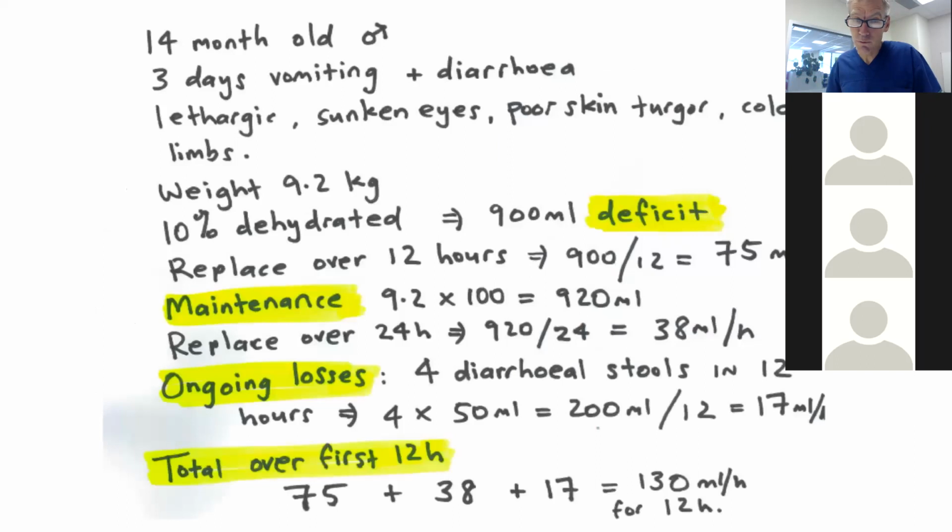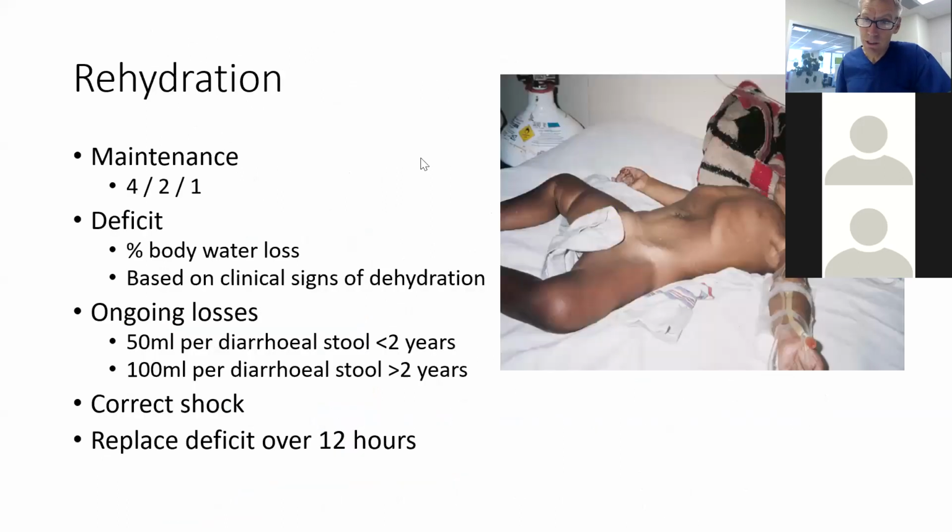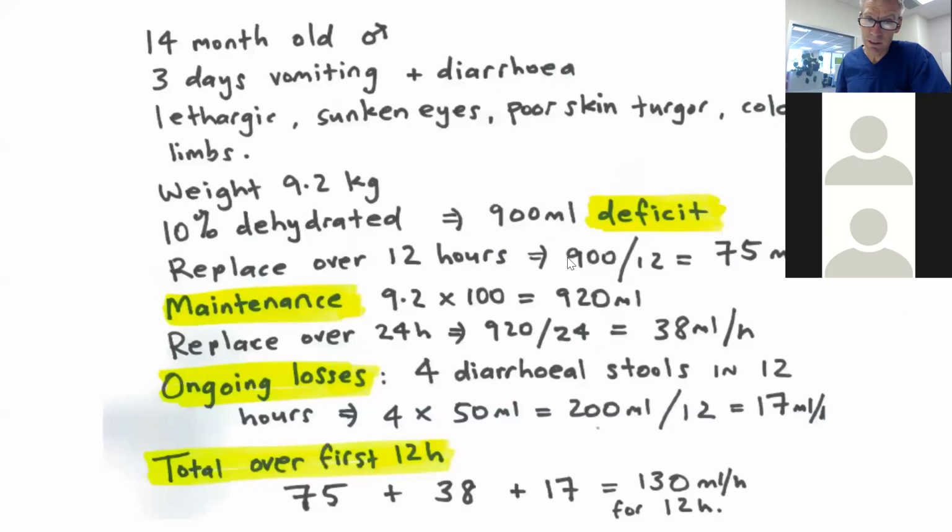So, for example, this 14-month-old child had 3 days of vomiting and diarrhea. Presented, as I showed you before, with lethargy and sunken eyes and poor skin turgor and cold limbs, and the child's weight was 9.2 kilos. So you can know from this picture, the clinical features, that the child's at least 10% dehydrated.